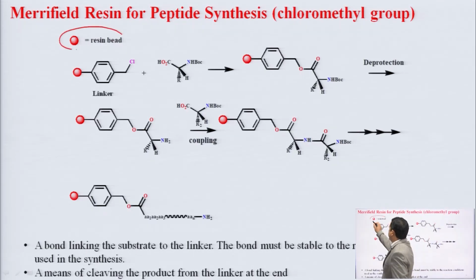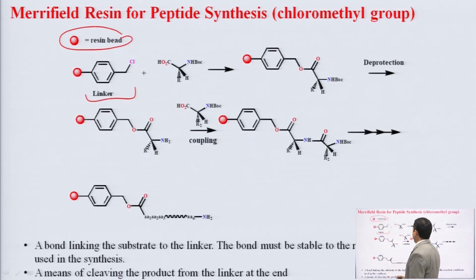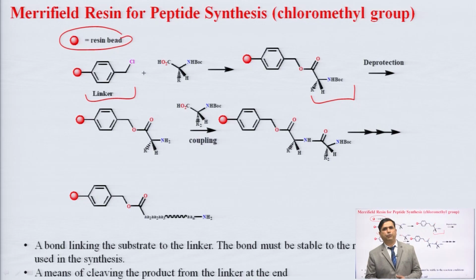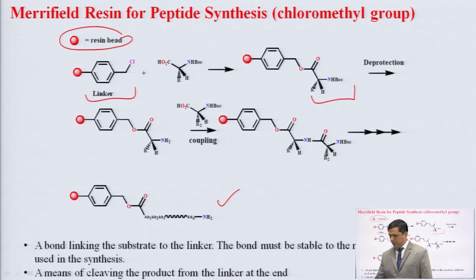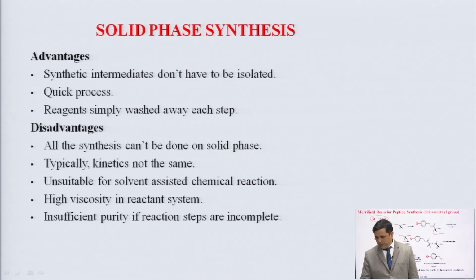Here we have the resin bead, and this is the linker, and here we also use a protecting group to protect a specific functional group, and we can get the final product after removing this protecting group.